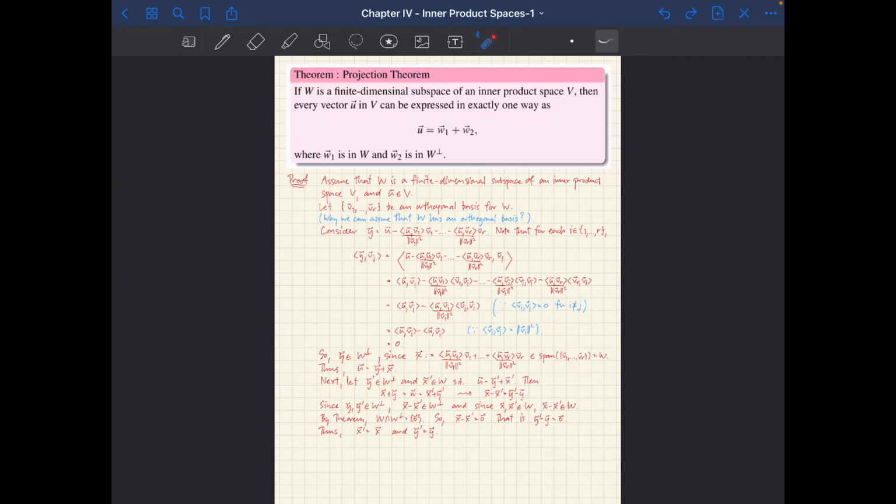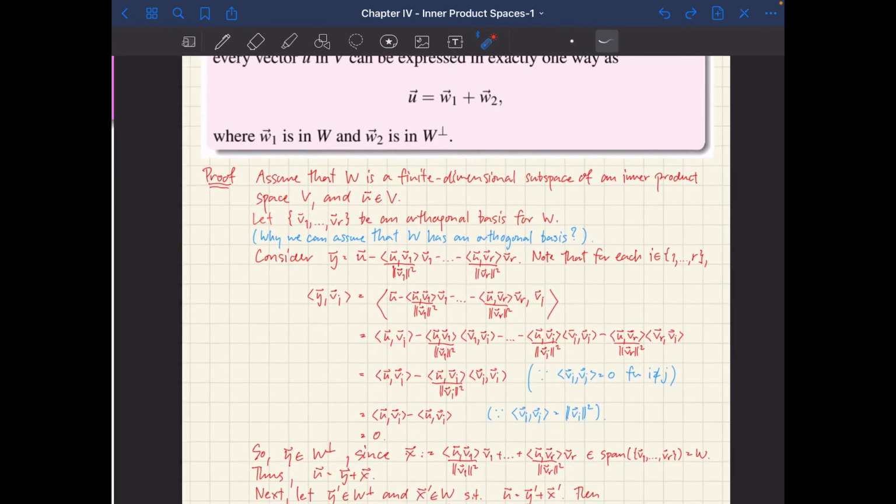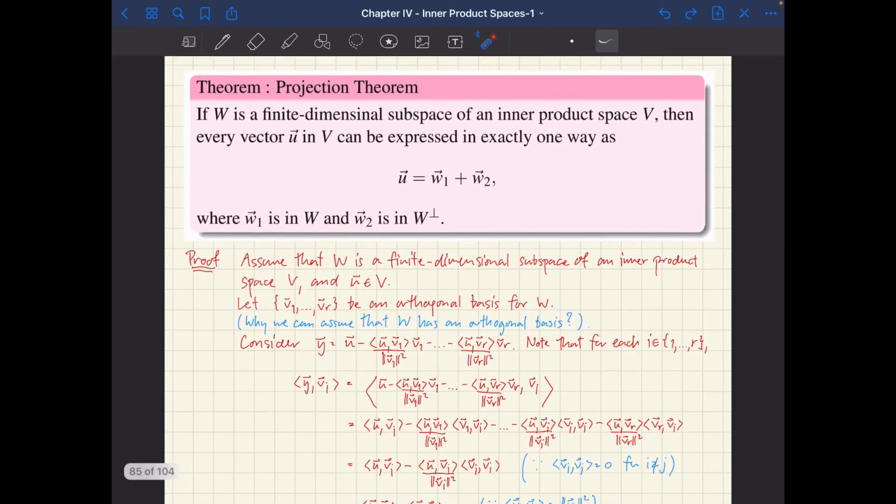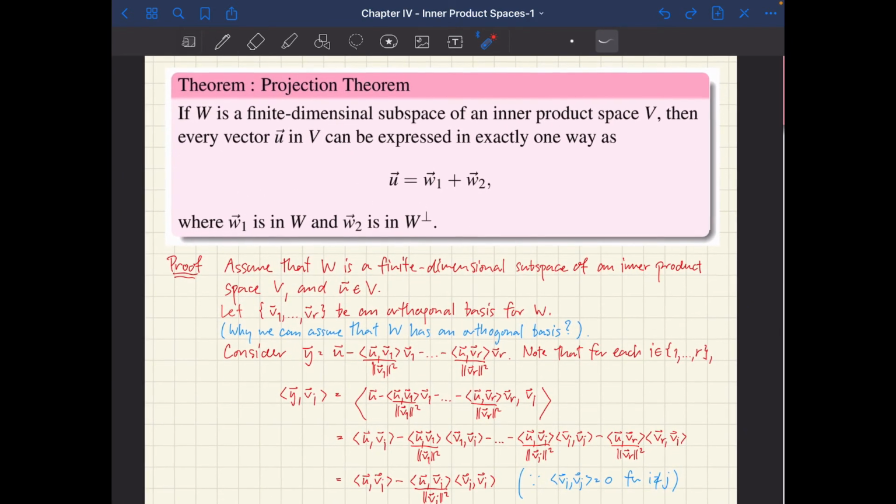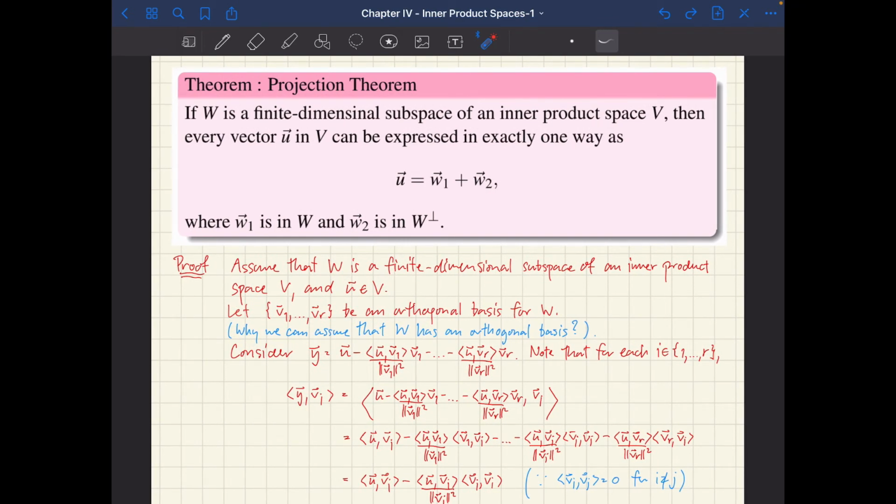Before we start to prove the projection theorem, we assume that W is a finite dimensional vector space. What does it mean? It means the number of elements of the basis for W is finite.